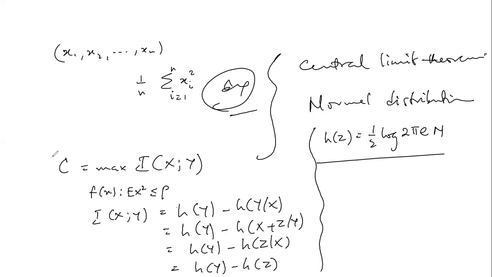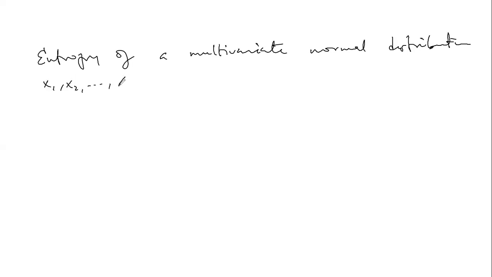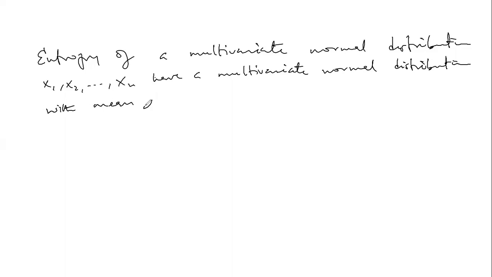So let's assume that the random variables X1, X2 all the way to Xn have a multivariate normal distribution with mean mu and covariance matrix K.